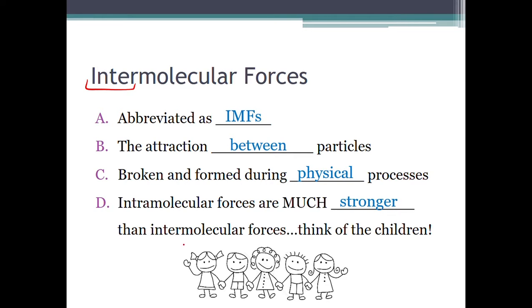So you want to think of the children here. Imagine, and I know that many of us don't play Red Rover anymore, but imagine you're playing Red Rover, right? You've got this line of kids together, they're all holding hands, and you try to break them apart. This right here, holding these two kids together, is going to separate a lot easier than the bond holding this child together.